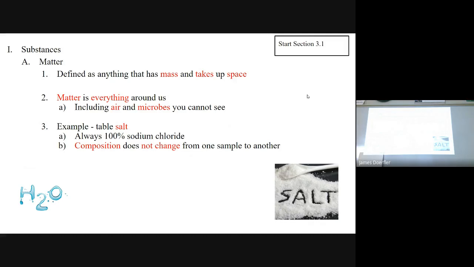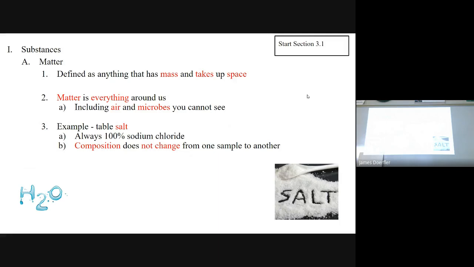Microbes. Everything has mass, at least that is typically around us. Table salt. Okay? I don't particularly like table salt myself, but it is matter. Each little granule has mass and takes up space.